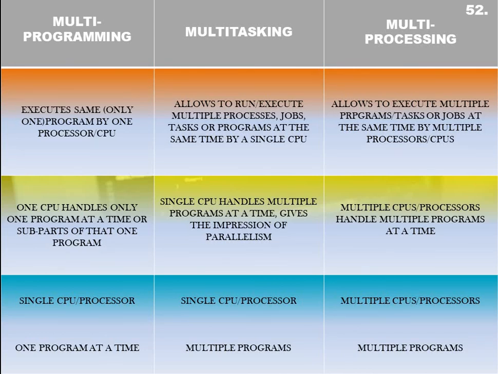Multitasking allows the execution of multiple processes, multiple jobs, multiple tasks, or multiple programs at the same time by a single CPU.